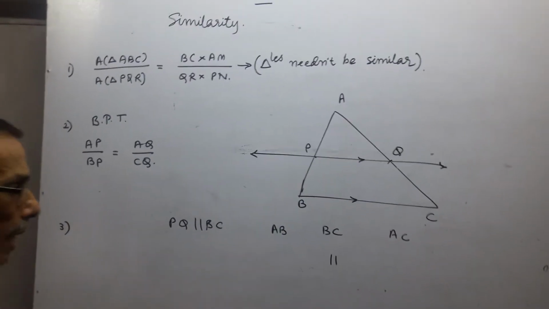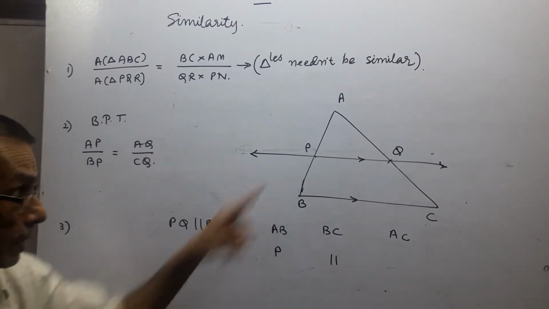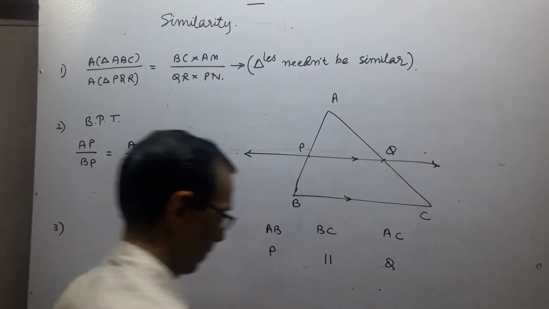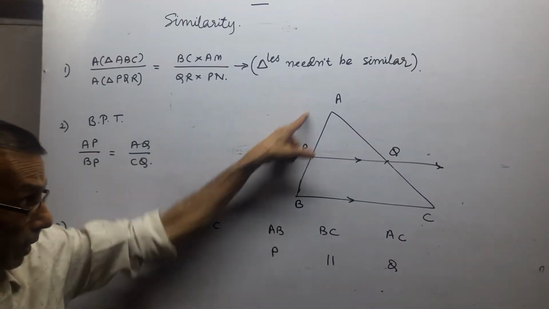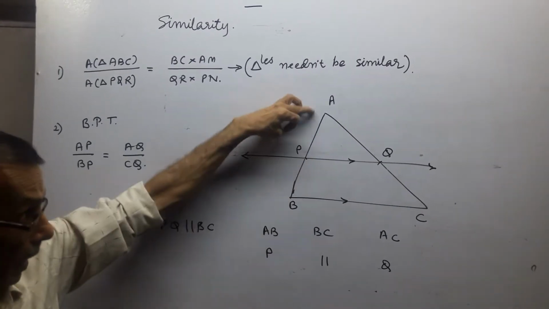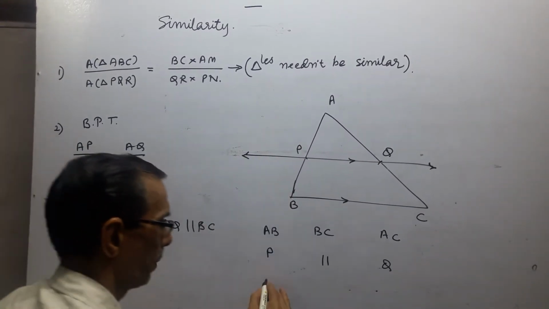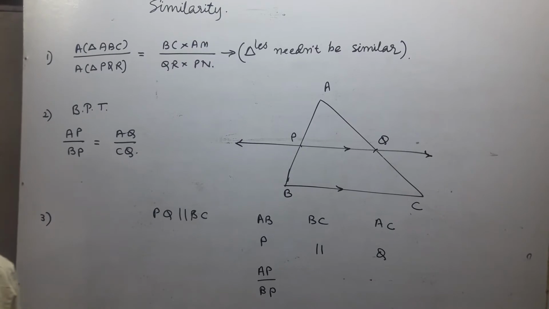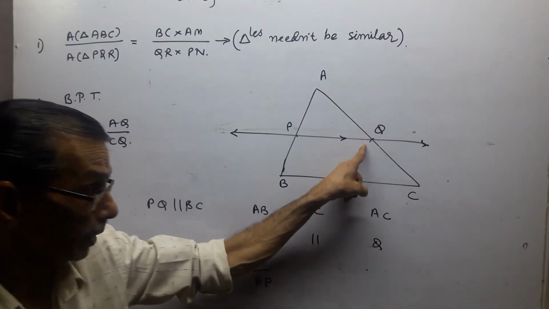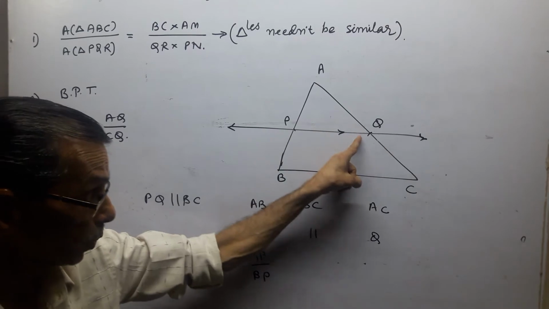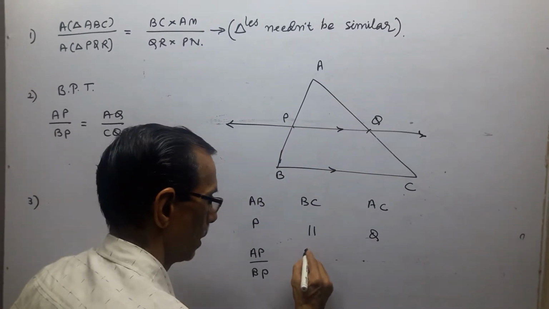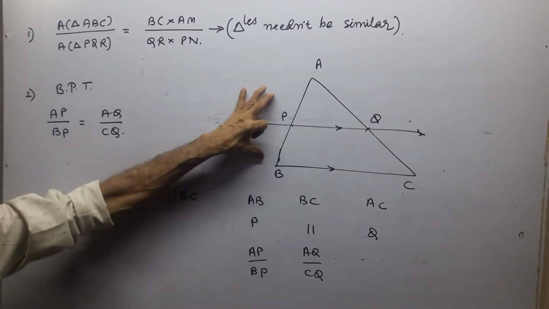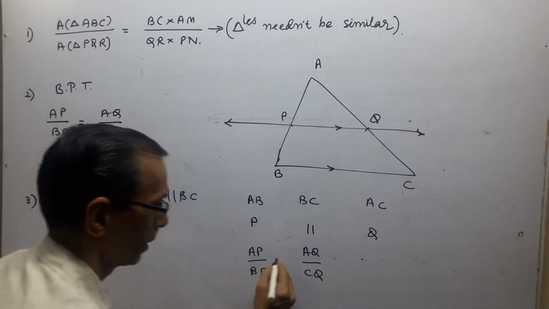It divides AB at P, and it divides AC at Q. Since it divides AB at P, AB has been divided into two parts, AP and BP. Similarly, AC is divided into two parts because of Q, AQ and CQ. The theorem says that their ratio is the same, equal ratio.